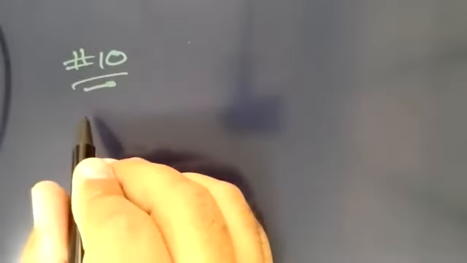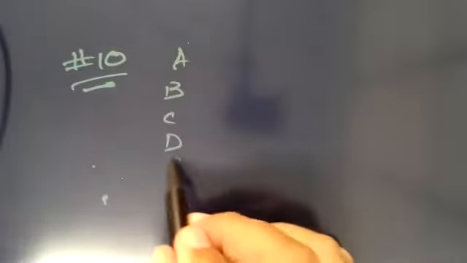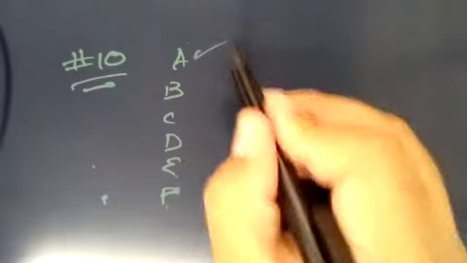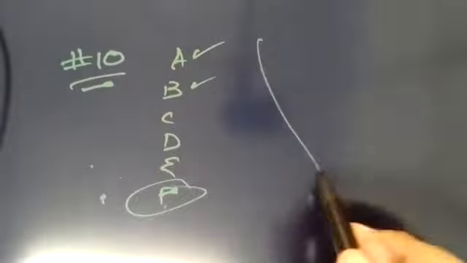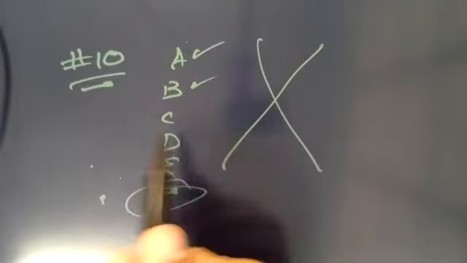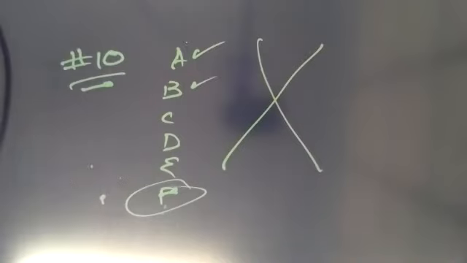So you have A, B, C, D, E, and F. You have to choose all the ones that work. Now remember, if you guys choose A and B, and let's say you miss out F, the whole question is wrong. All right, so it's very important to go to each one and see which one is the best one.